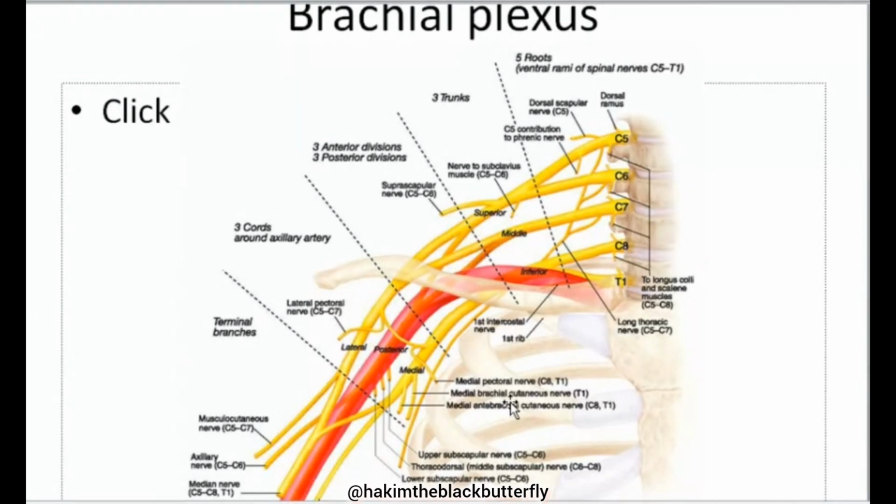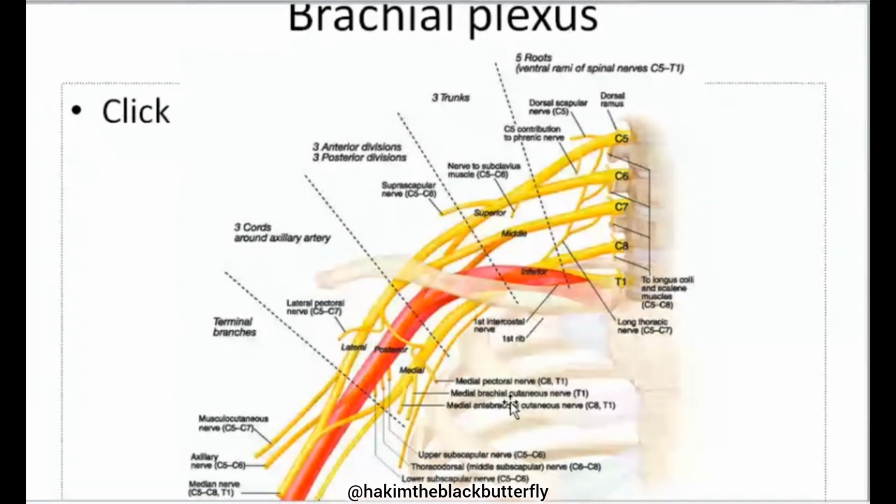You said when the brachial nerve plexus originates from C4 to C8, that's when it becomes prefixed. And then postfixed? It's when it originates from C6 to T2.